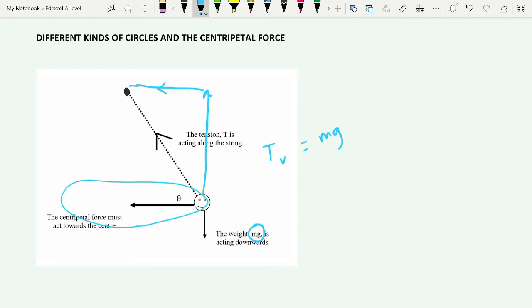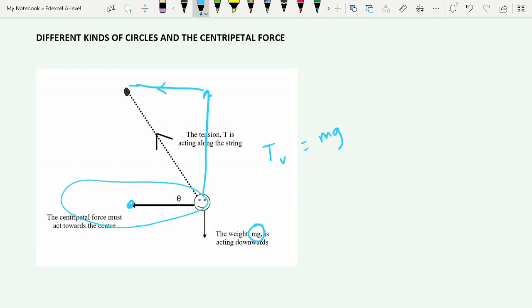It's moving around in the circle, and the center of the circle is there, and therefore whatever force is pointing towards the center of the circle, that is the one that is going to be providing the centripetal force. And of course, in this case, that is the horizontal component of the tension of the string. If you know the angle at which the happy face is circling, you can calculate how much the horizontal component of the tension would be.